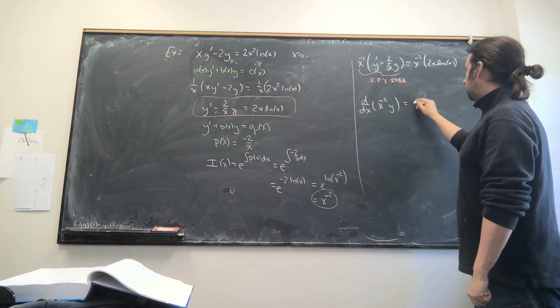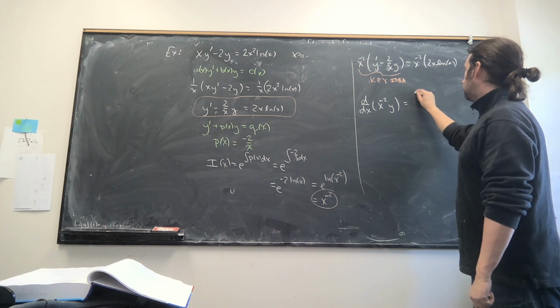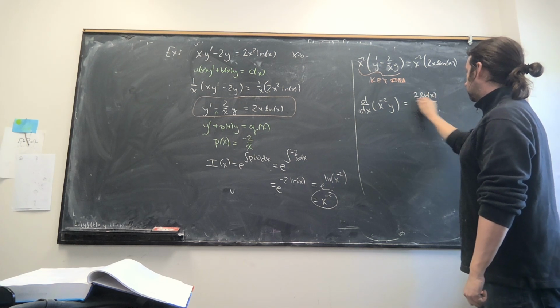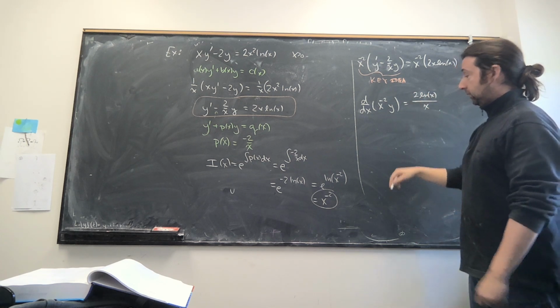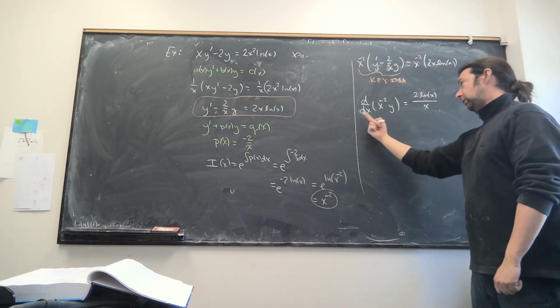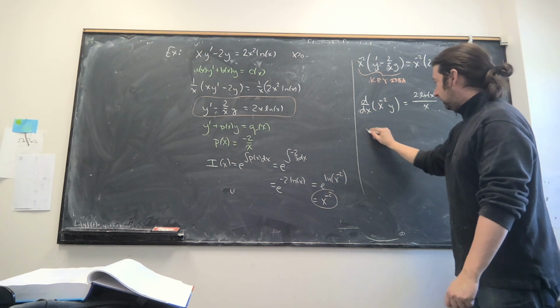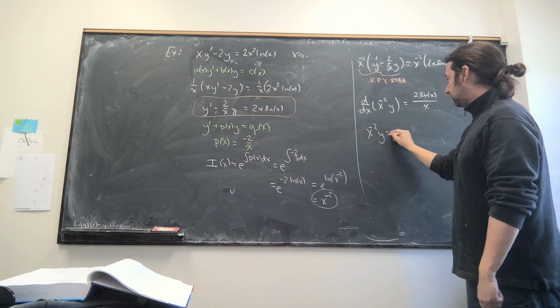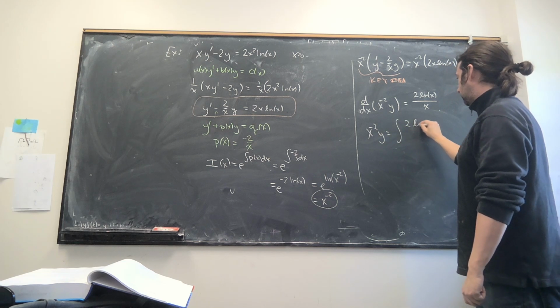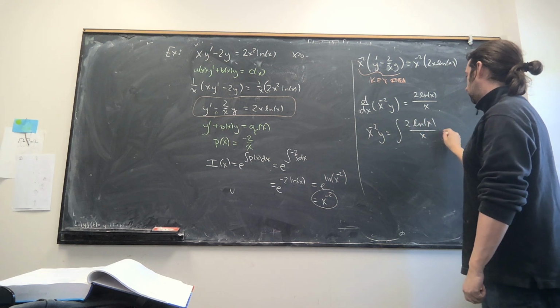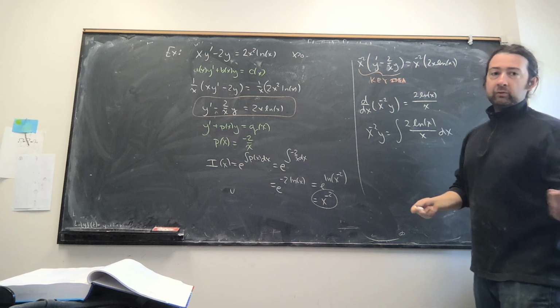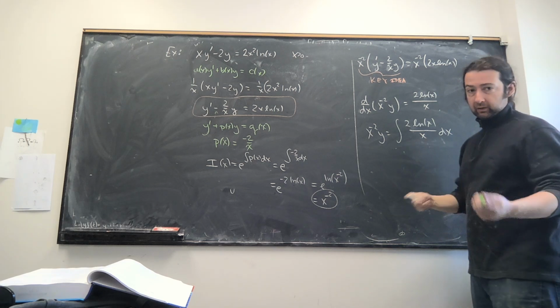And on the other side of the equation, we're going to get 2 times the natural log of x over x. Integrating both sides, we're going to integrate the derivative, which just cancels it. That gets me x to the minus 2 y is equal to the integral of 2 times the natural log of x over x dx. You can do this with a u substitution where u is equal to the natural log of x.